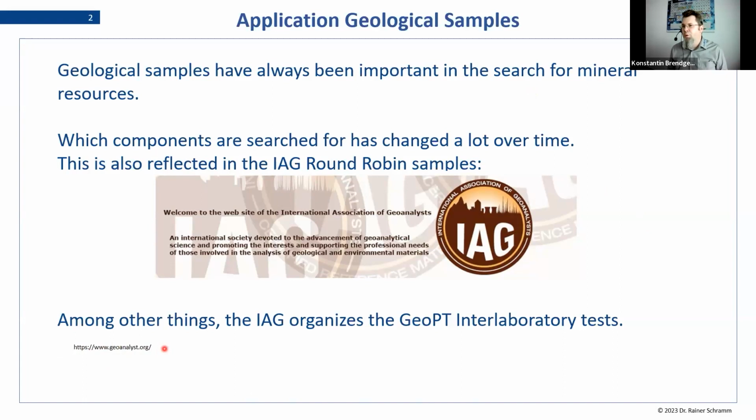And we will be talking about a sample that they sent recently at the beginning of the year. We participated in one of these round-robins, and we'll use that as an example to give you an idea about the samples themselves, and also how to analyze them effectively.